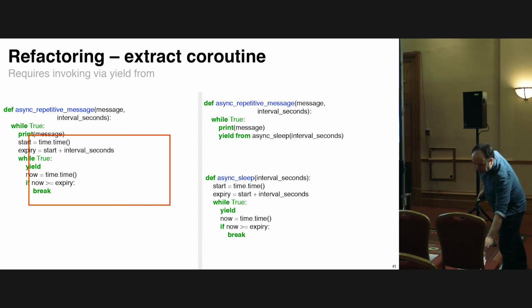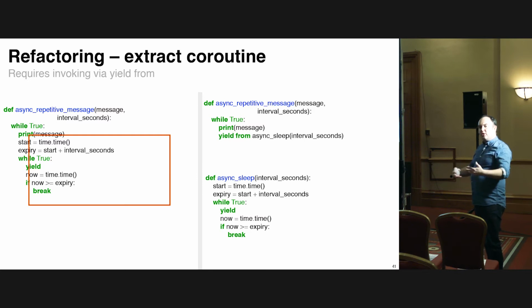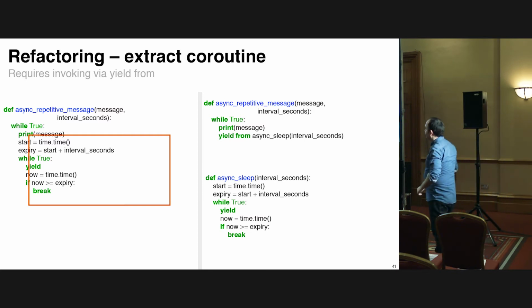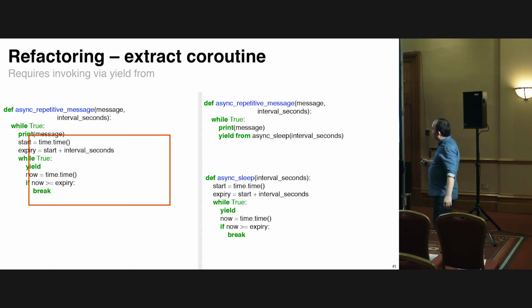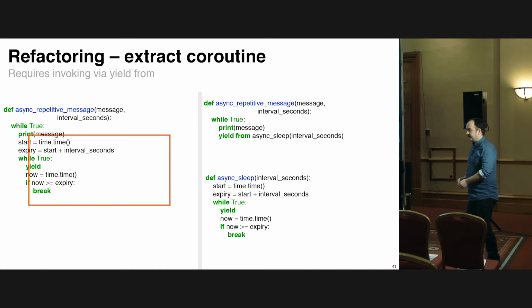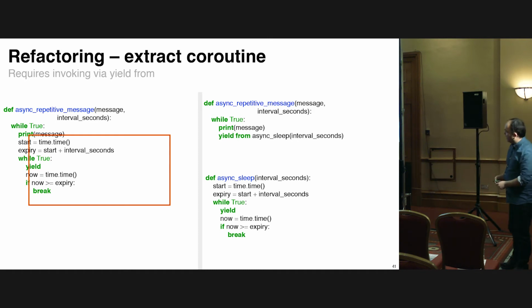So everyone's familiar with extract function or extract method as one of the most simple refactorings after rename. So we can do an extract coroutine refactoring, which is basically the same idea. So our async repetitive message has this block of code in it here. Okay? If you had to give a name to that code in that rectangle, what might you want to call it? Sleep, right?